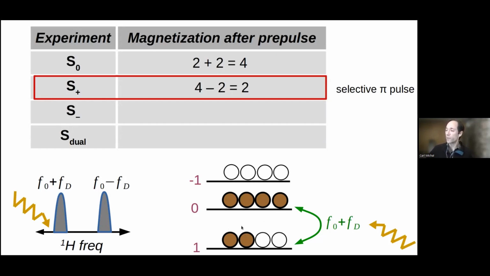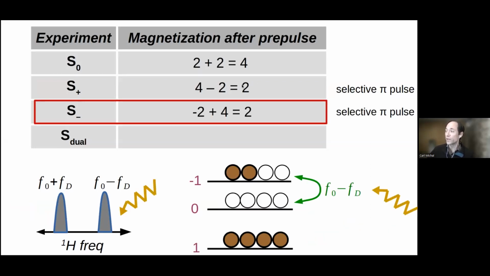Where I did have a population difference of 2, now I have a population difference of -2. But in this upper transition, where there was a population difference of 2 before, now the population difference is 4. If I add those together, the total Z magnetization is now 2 instead of 4. I can do the same thing to the other transition, and it works out the same.